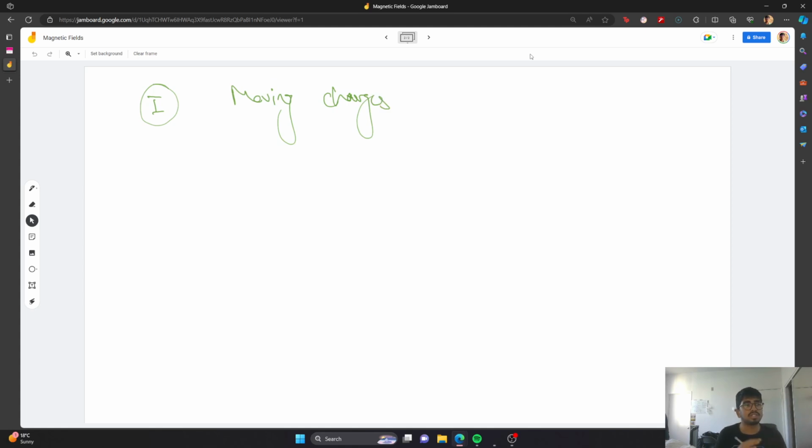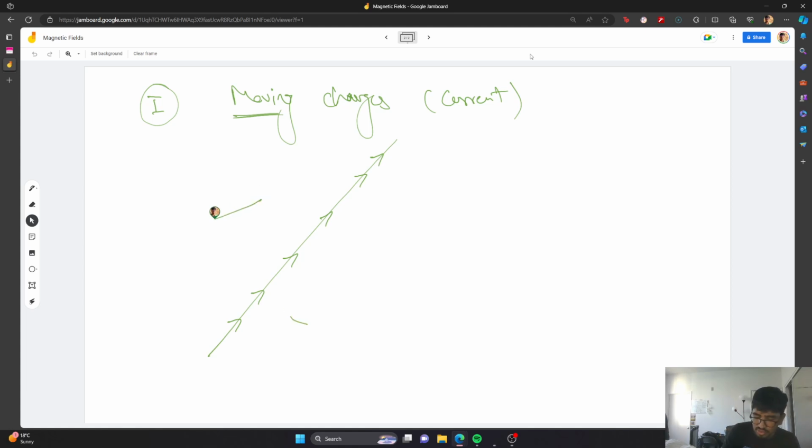Either they are moving or stationary, they will still have an effect. But here we are only talking about moving charges, and moving charges is what we call current, right? So if we have a current in a wire, it does something interesting. Only if it is moving. Okay, if it is an electron that's kept anywhere, that's not important.